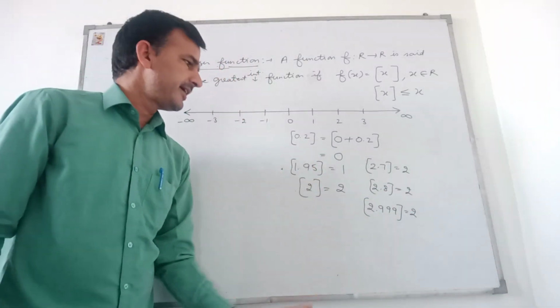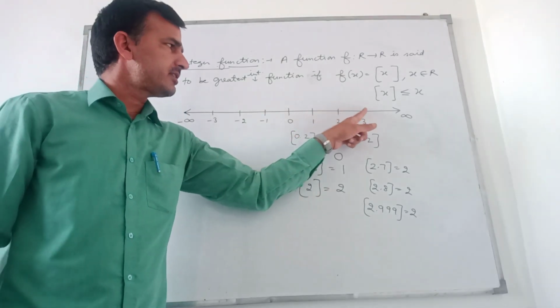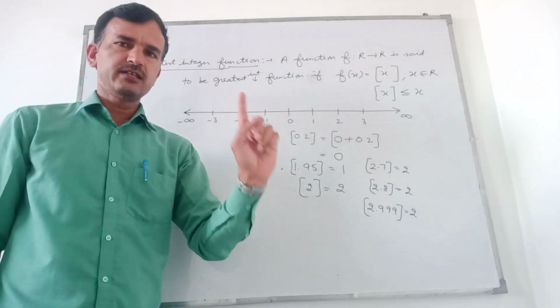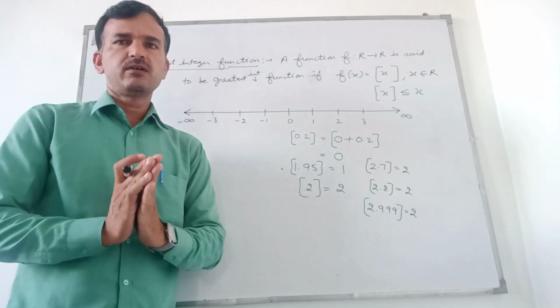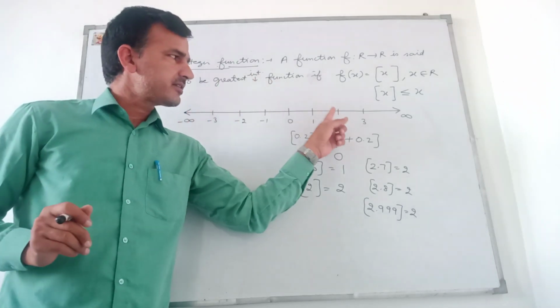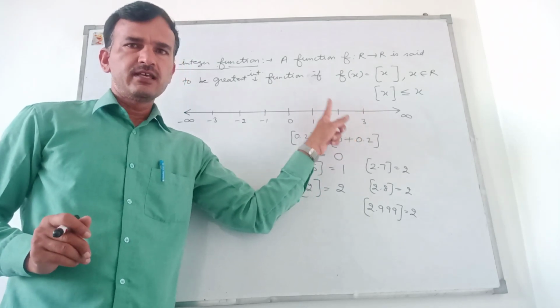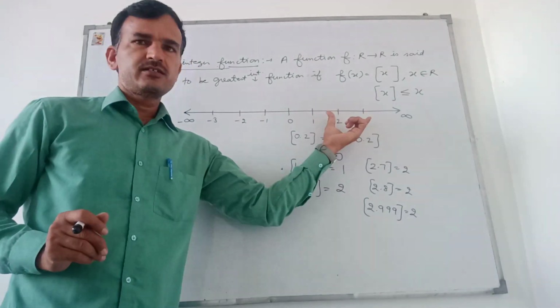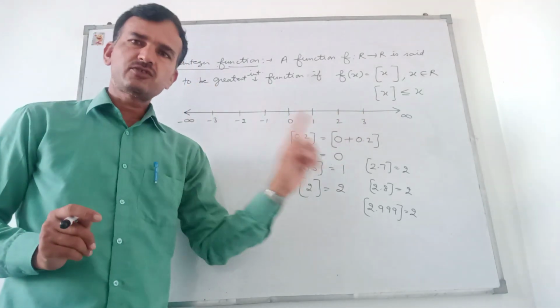So we can say that if a number is greater than or equal to 2 and less than 3, then the greatest integer of all the numbers between 2 and 3 is 2.